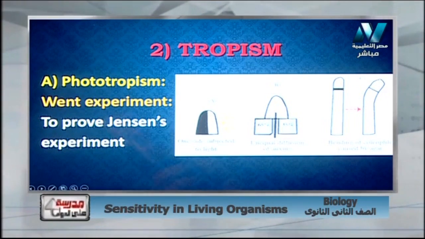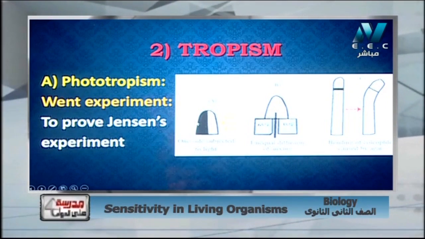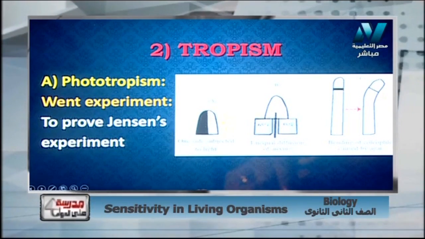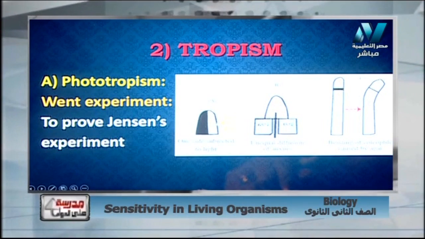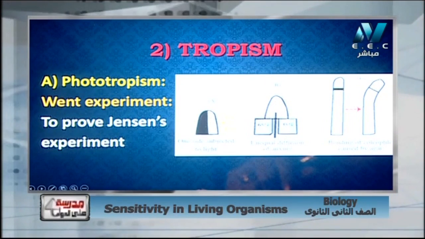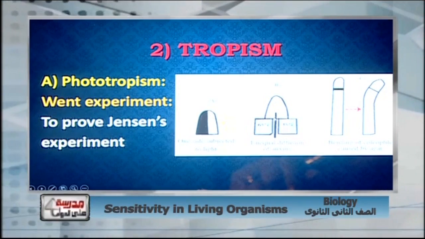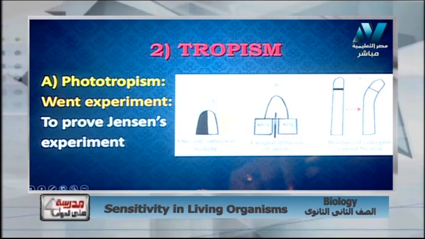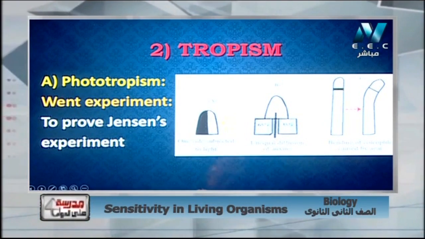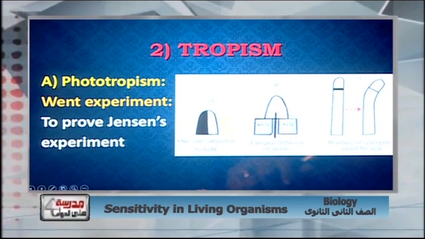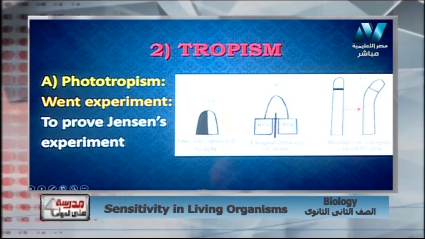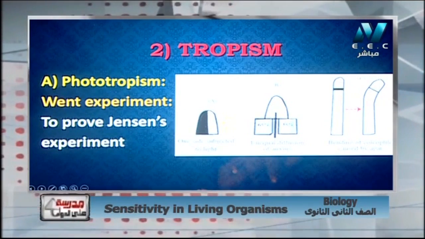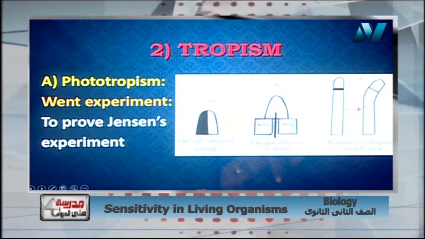So the auxins migrate or accumulate in the side away from light, the dark side, more than the lighted side. He cut off the tip of the coleoptile and placed it on 2 blocks of agar, similar blocks, and these blocks of agar are separated by a metal sheet to prevent mixing of the concentrations of the 2 sides. And he left this structure for hours until the auxins in each side diffuse to the agar blocks.